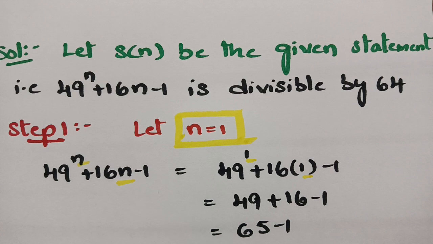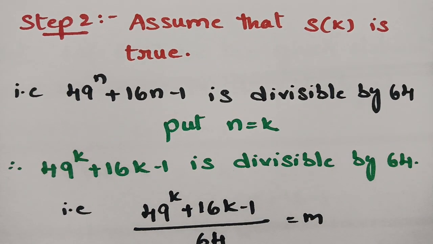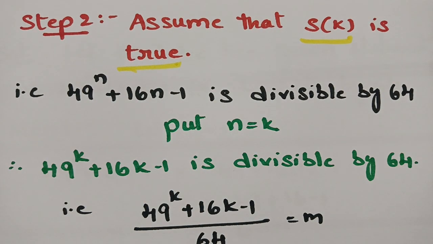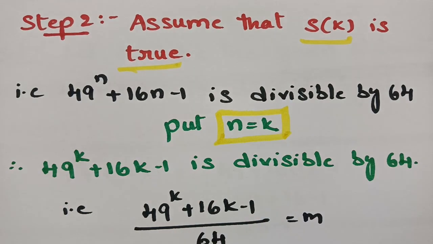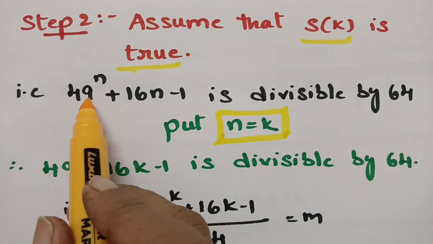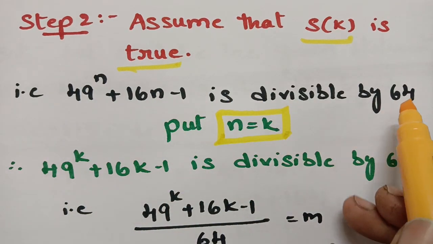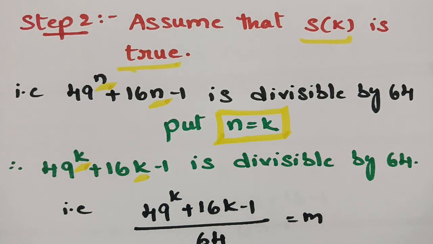This is the fundamental thing which we have to do using mathematical induction. And in step 2, what do we have to do? We have to assume that S(k) is true, which means that we have to put n equal to k. So what is the statement here? 49^n plus 16n minus 1 is divisible by 64. In place of n, I replaced it with k.